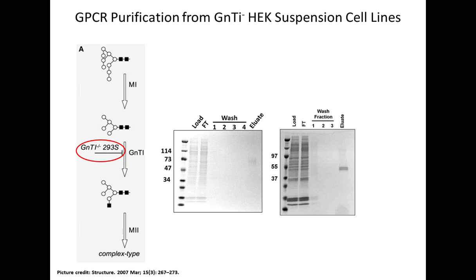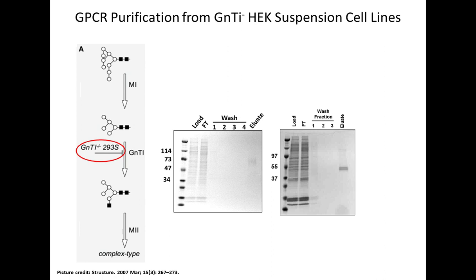The same trick of using this GnTI knockout HEK line has also worked in our hands for other GPCRs that are less tractable and more refractory to expression than rhodopsin is. So the gels on this slide compare the purification from a typical native-like HEK suspension line to that of a GnTI minus line.